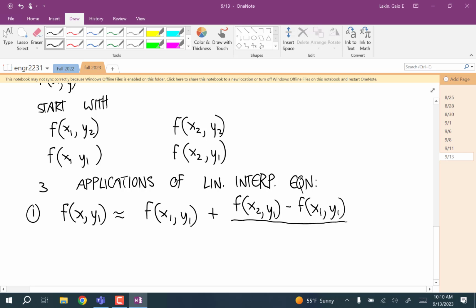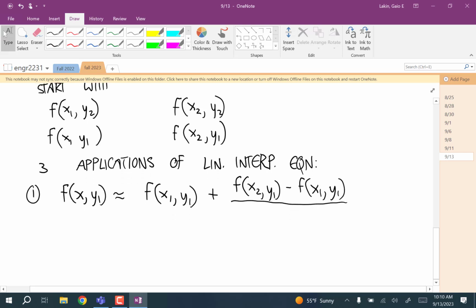Notice the y1s are just hanging in there, not changing at all. And then we're dividing by x2 minus x1, and then multiplying it by x minus x1.